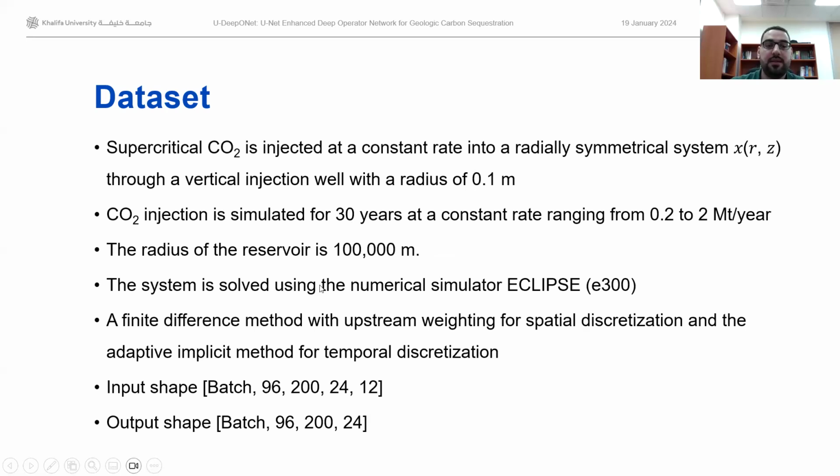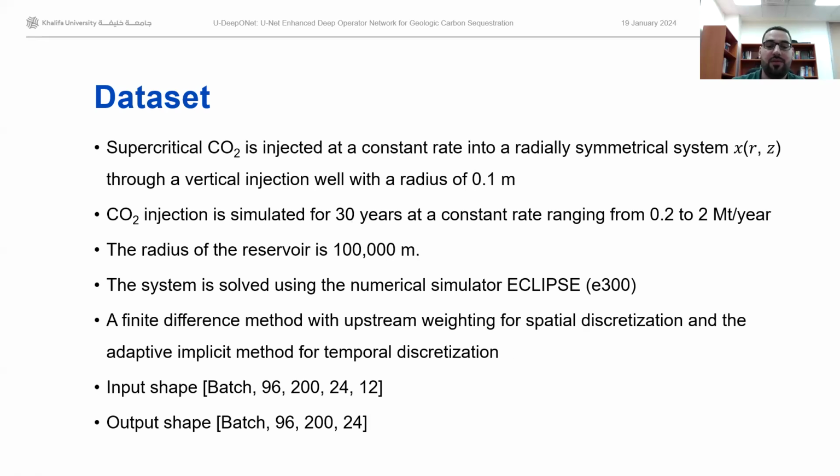In this dataset, supercritical CO2 is injected at a constant rate into a radially symmetrical 2D reservoir through a vertical injection well with a radius of 0.1 meters. The CO2 injection is simulated for 30 years at a constant rate ranging from 0.2 to 2 metric tons per year, and this value is constant per realization.